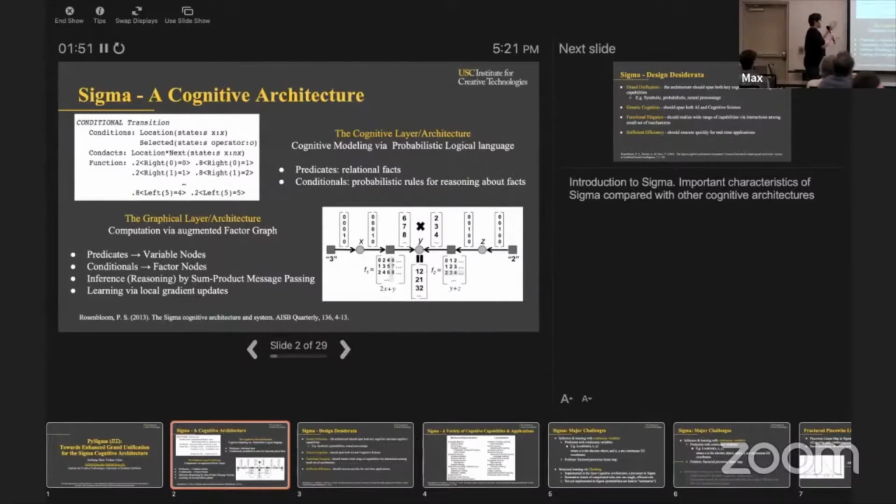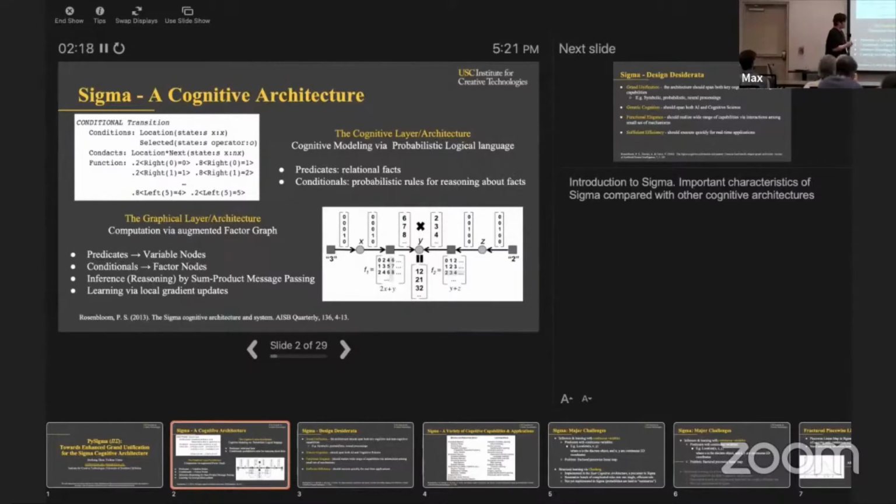And a cognitive model written in these languages will be compiled down to the graphical layer, or graphical architecture, into an augmented factor graph. Basically, the predicates will be compiled to variable nodes and conditionals to factor nodes, the inference is done by sum-product message passing, and the learning is done by local gradient updates on the factor function in the factor node.